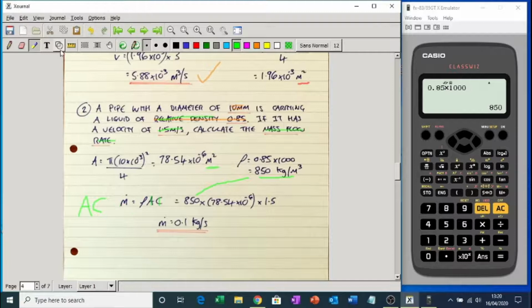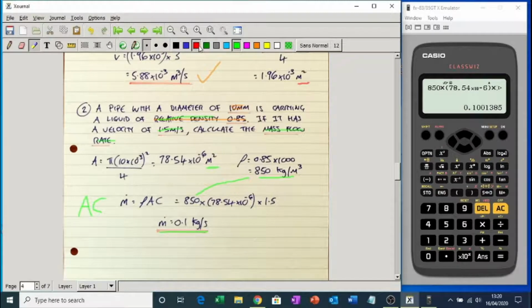So the mass flow rate is just all of those numbers times together. So we'll do 850 times, open a bracket, 78.54 minus 6, close the bracket, times by 1.5, should give me something like that.